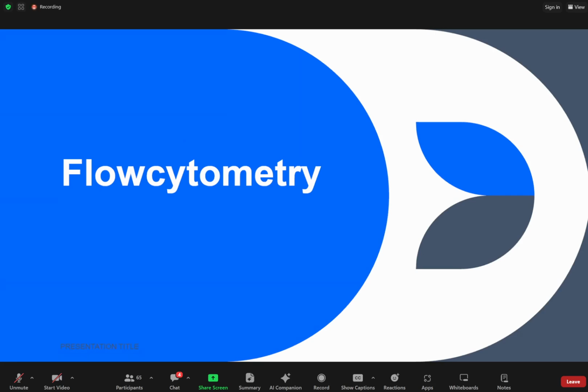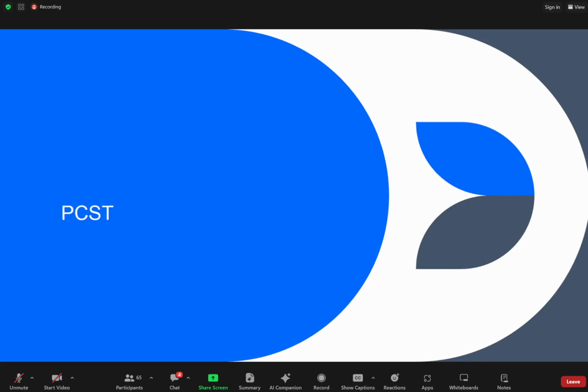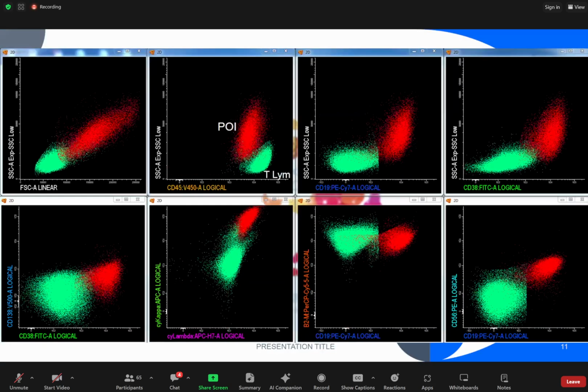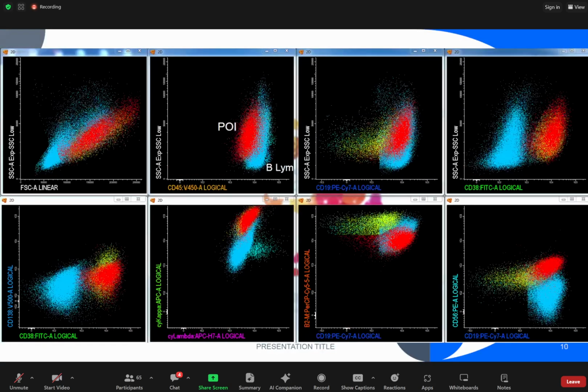Maybe you can go back to review your flow result again, whether you can isolate two populations of cells. Remember, just now I commented that in the bone marrow smear there seem to be quite a lot of lymphocytes as well. So I wonder whether from your flow you can identify the separate lymphocytes, whether they are also clonal in origin.